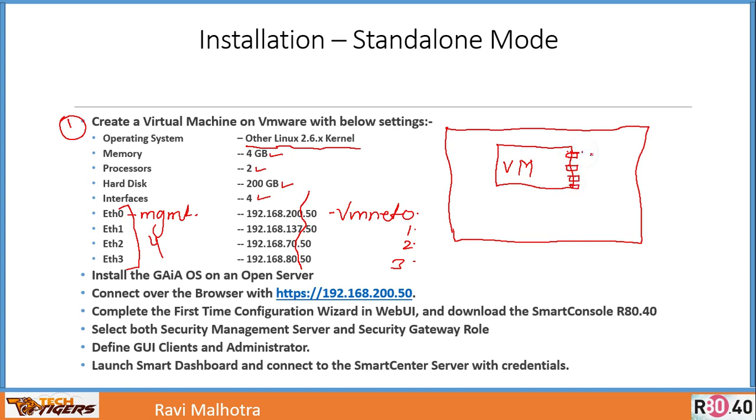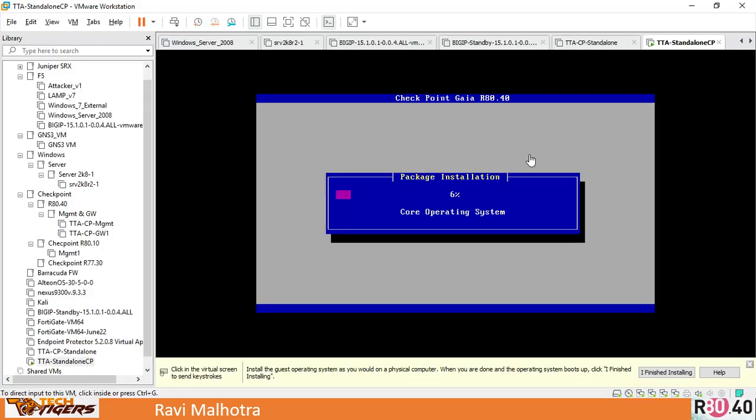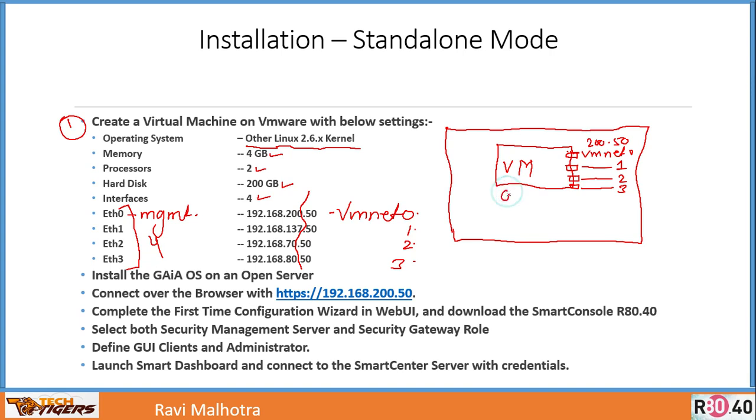This VM is in VMnet 0. This is in 1. This is in 2. This is in 3. And VMnet 0 is IP address 200.50. Okay, this is my virtual machine, the virtual machine of GAiA operating system.